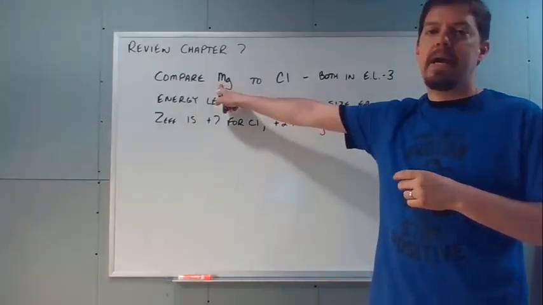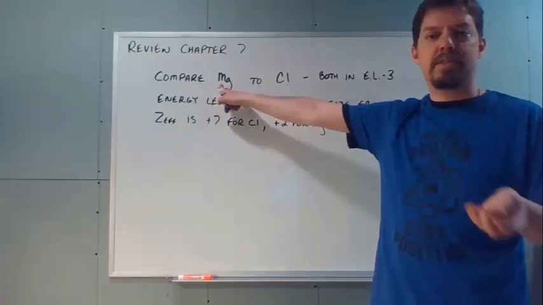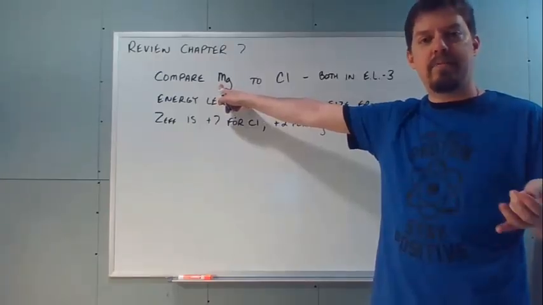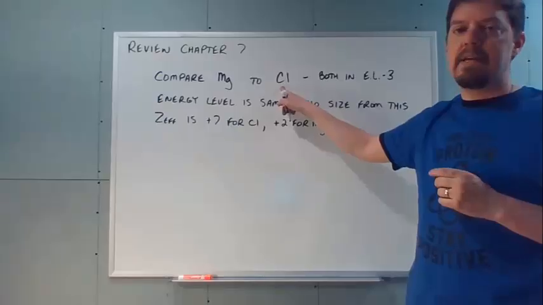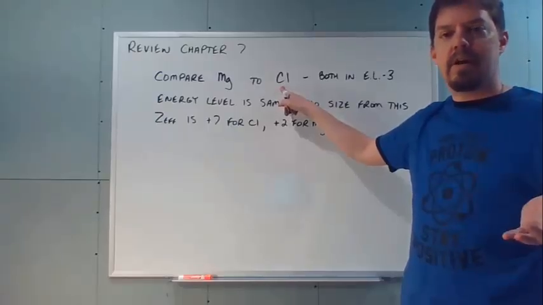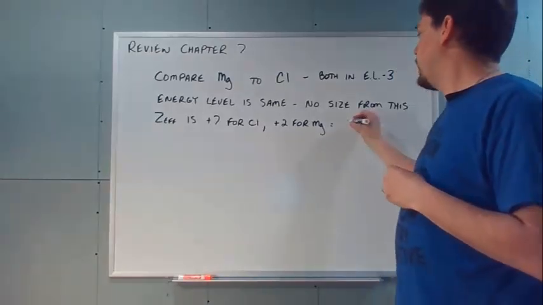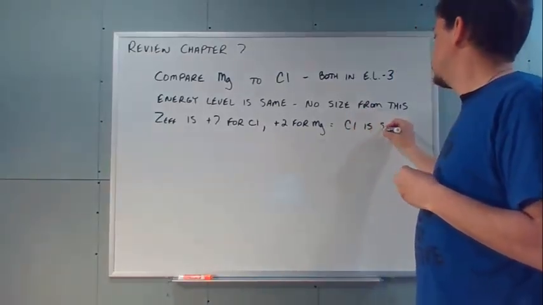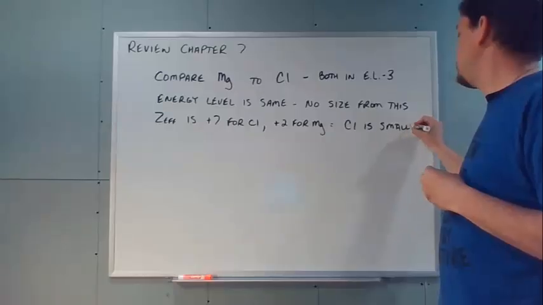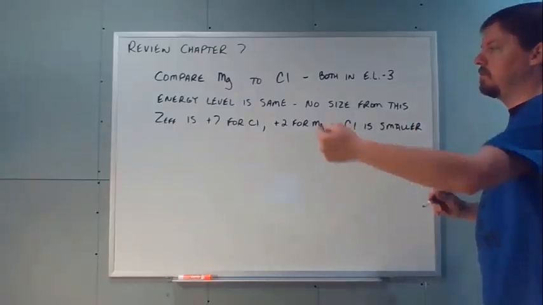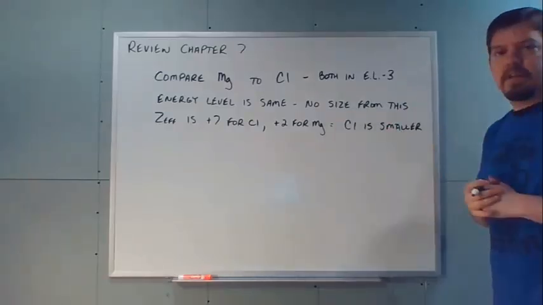So magnesium has 12 protons, 10 inner electrons. That's why you have a +2. Chlorine has 17 protons and 10 inner electrons. That's why it's +7. Right? So chlorine is smaller. Right? And we know as you go across the row, it gets smaller. There's the reason why. This is the explanation you want to give.